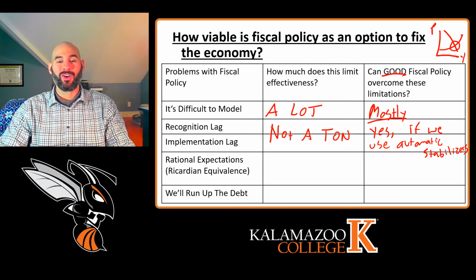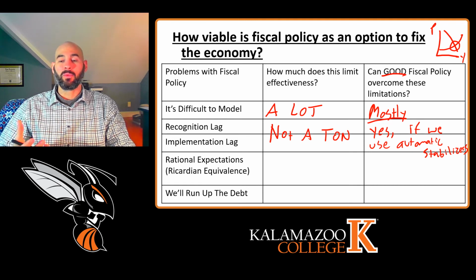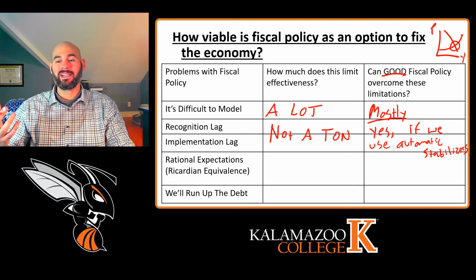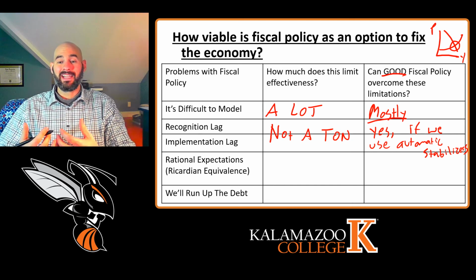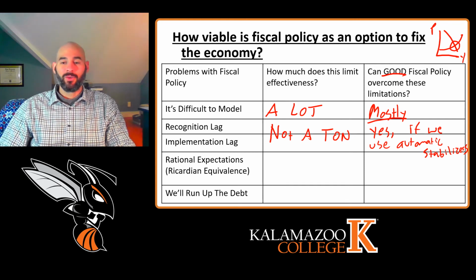Rational expectations, Ricardian equivalence. If any of you have noticed in the news recently, or any time surrounding the question about whether we should increase government spending as a way to fix a short-run economic problem, and in the readings this has come up as well, there is the rebuttal that, look, we're all hyper-rational individuals.